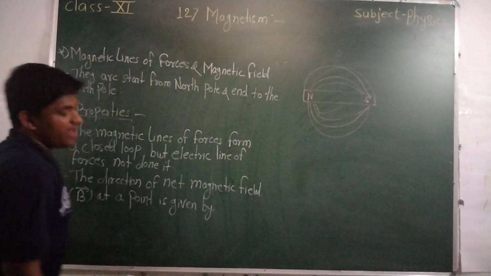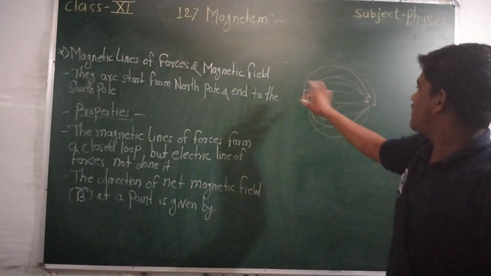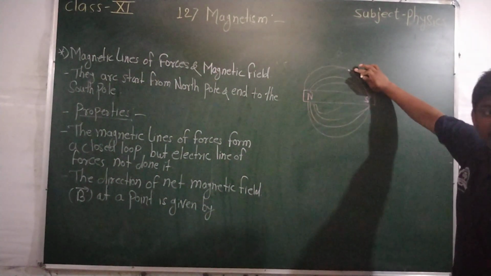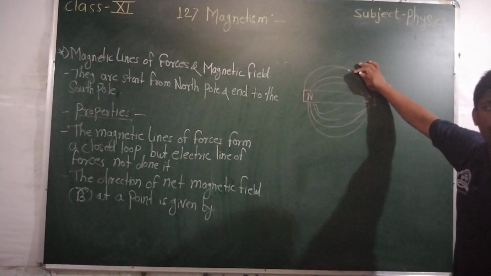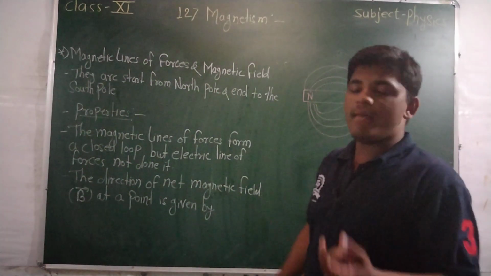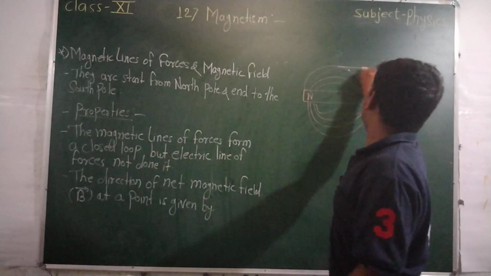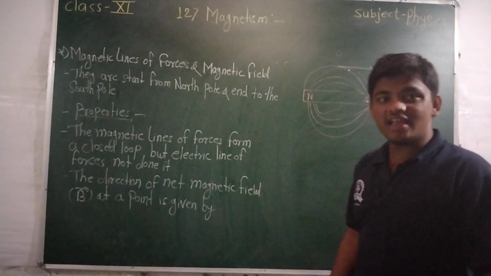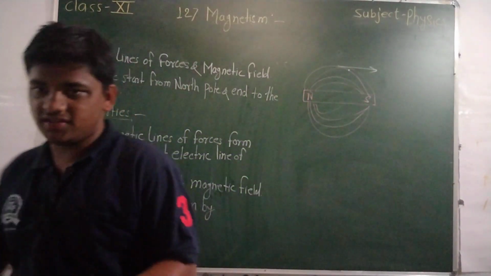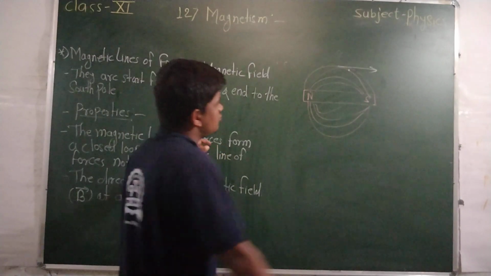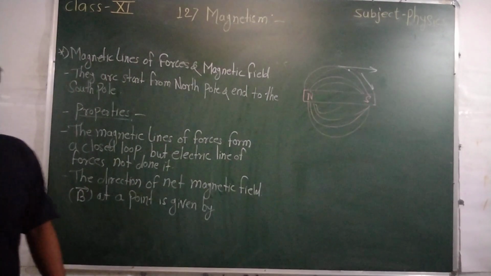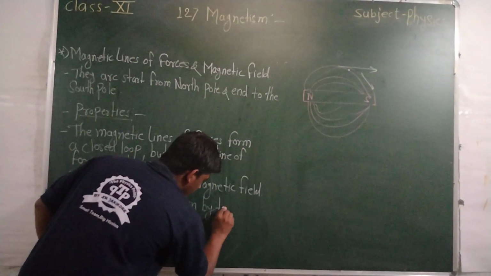by considering a point. This is the magnetic lines of forces. I will consider this point. Then the direction of the net magnetic field at this point is given by the tangent of the magnetic lines of forces, in the direction of the magnetic lines of forces.